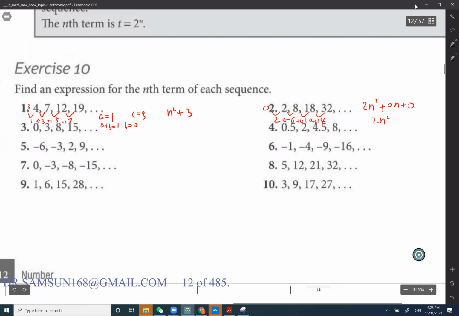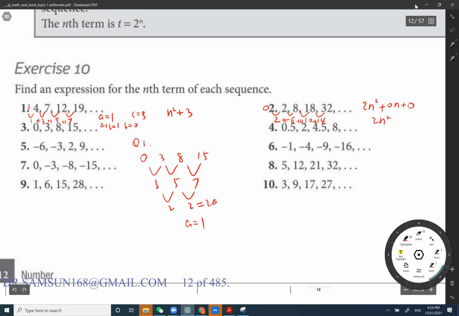That was number 2. I'll show the full working for number 3. We find the difference, this is 2a, a equals 1. The previous one is 1.